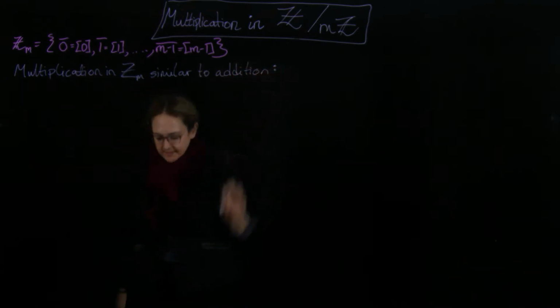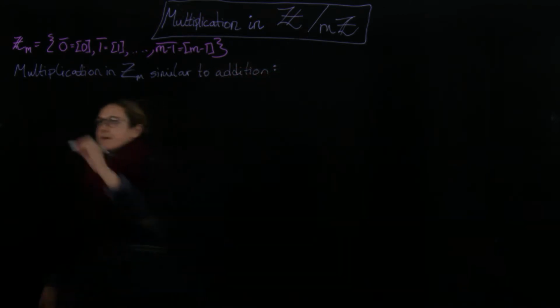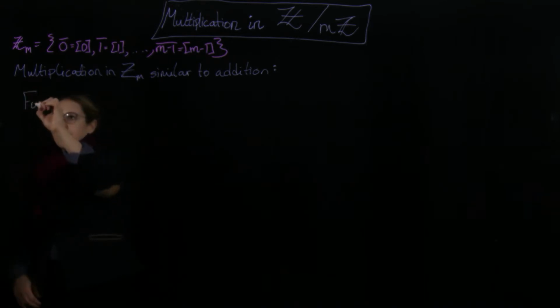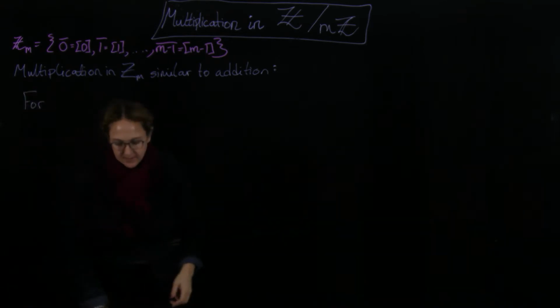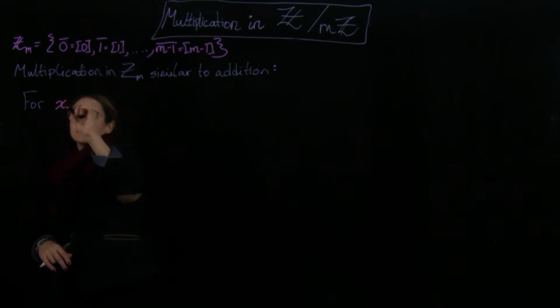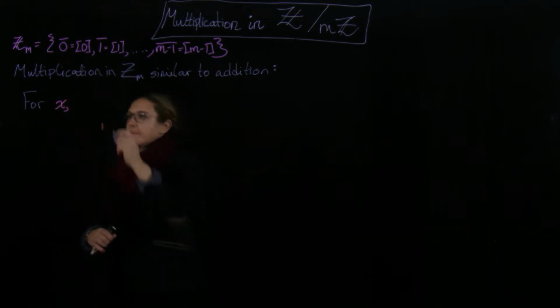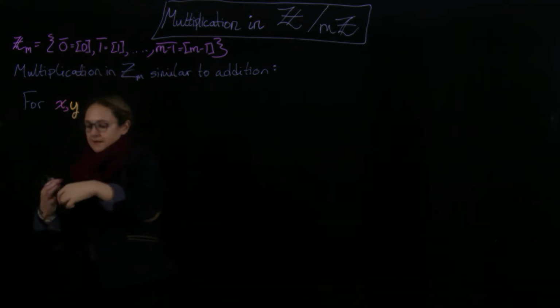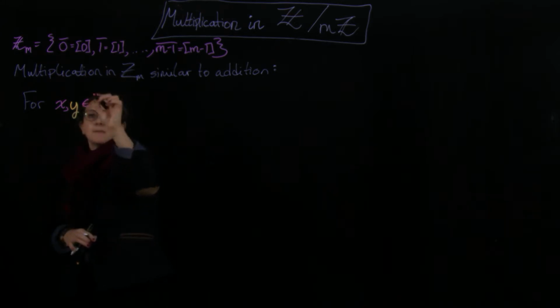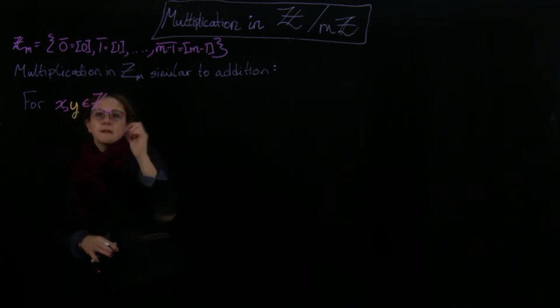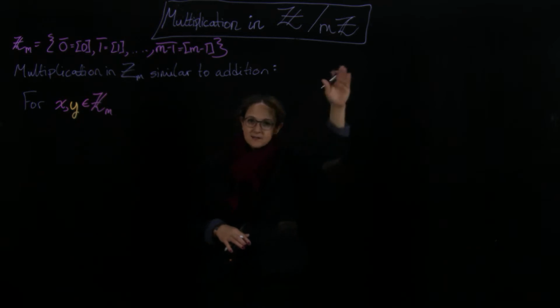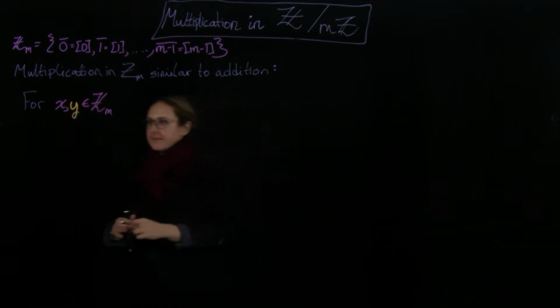Right, which is to say, I'm going to switch around my notation a little bit from last time. So if I have x and y that are both in Zm, or Z mod mZ, those are the same thing, just different notation for the same thing.